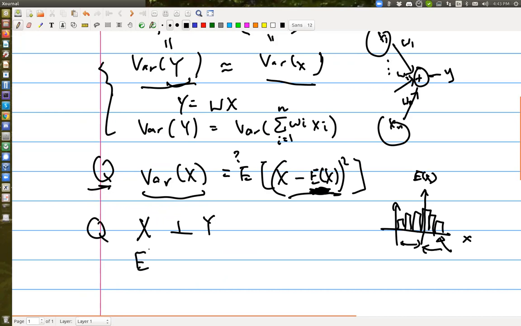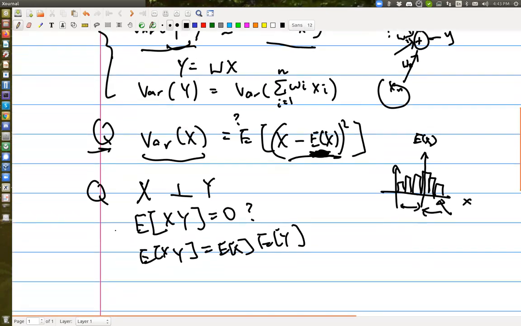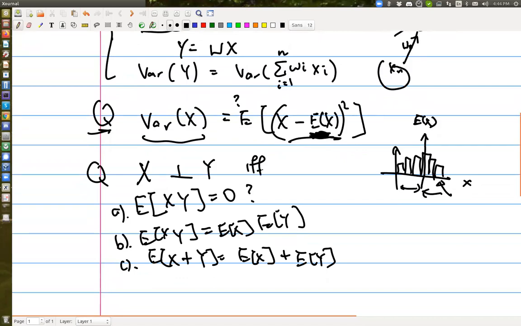Let's say E[xy] equal to 0, or maybe this is a multiple choice, a, b, or c: E[x] plus E[y], or E[x] times E[y]. So what's the condition of independence?